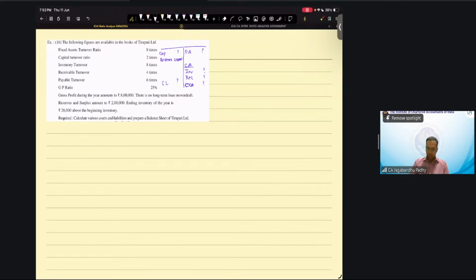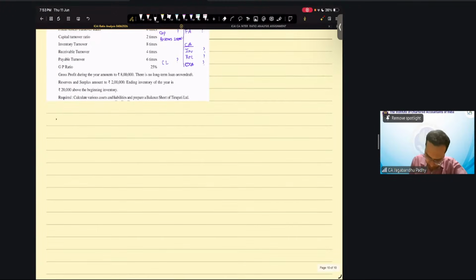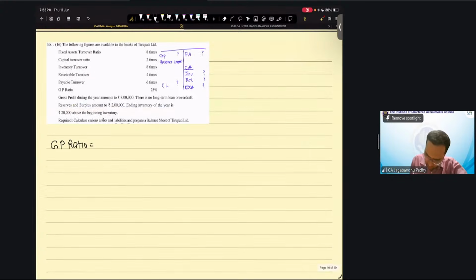Okay, so fixed asset turnover is 8 times. The only ratio which I can associate with a number is the GP ratio. So we have the GP ratio as 25%, which means gross profit upon sales.